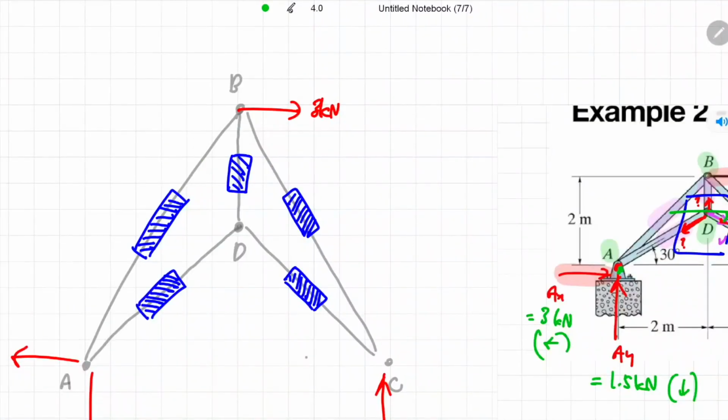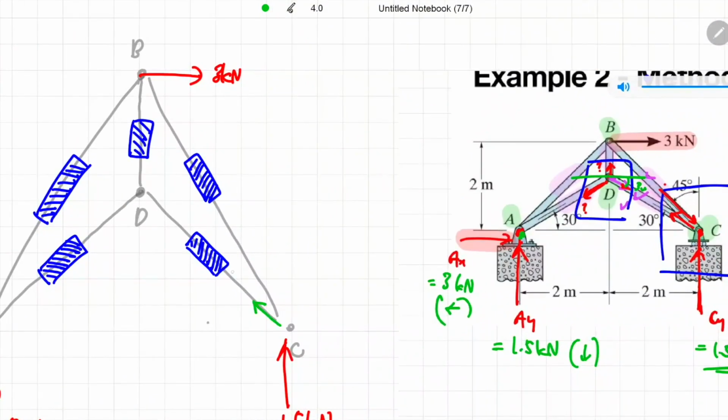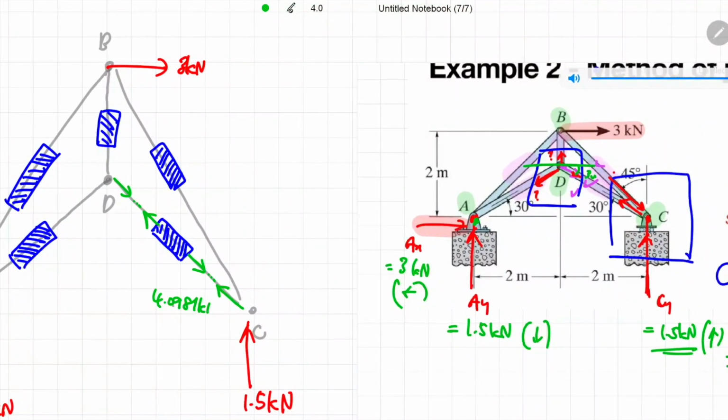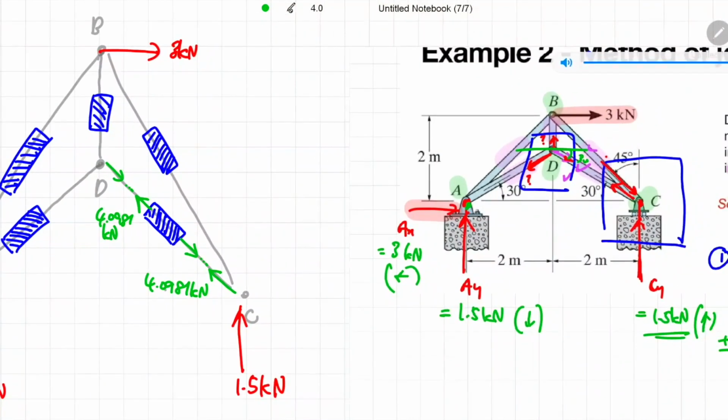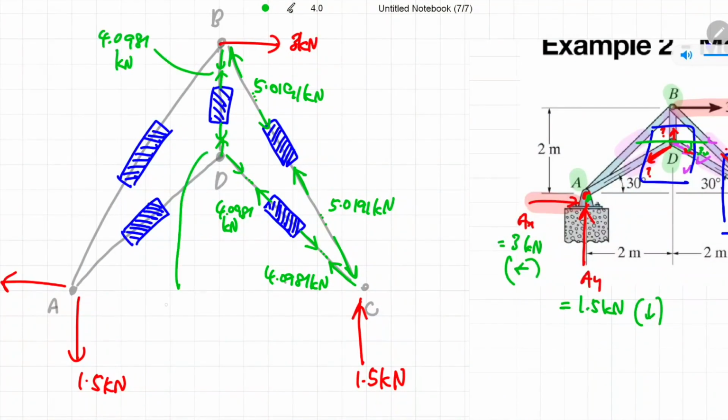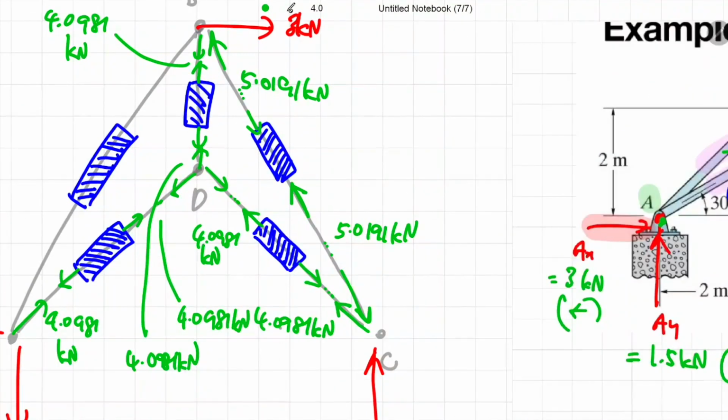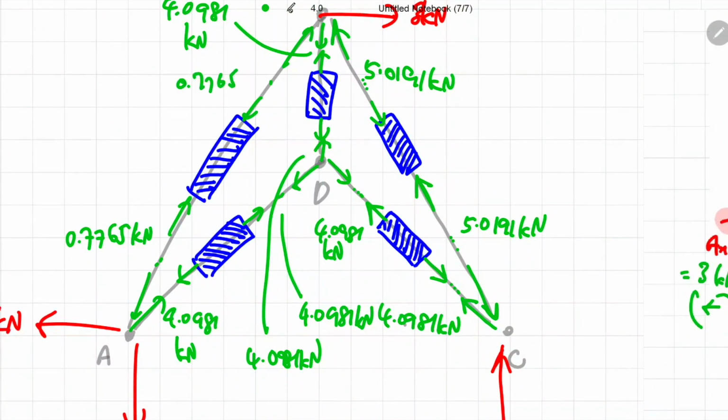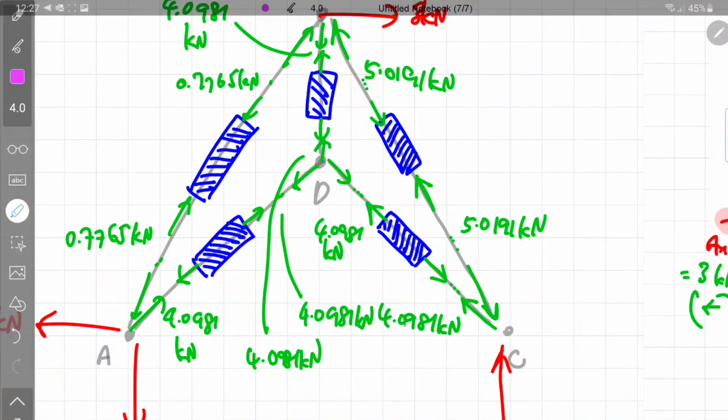So now I'm going to draw the internal forces between the members and also the joints. Okay, so there is one internal force over here in this direction. Magnitude is 4.0981 kilonewton. And then there's an internal force over here with a magnitude of 5.0191 kilonewton, and so on and so forth. Finally, we can put a remark on the state of each truss member.